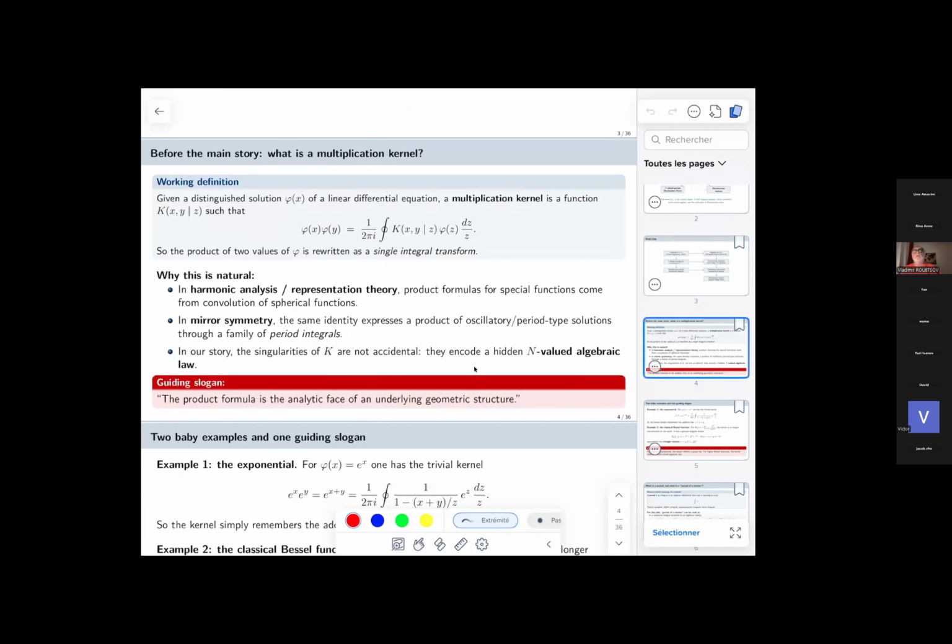So let's start with toy models and definitions. The working definition which I will use in my talk about multiplication kernel is the following. Let's suppose that we have some solution phi of x of a linear differential equation, and taking the product of this solution at two different points, x and y, we suppose that there is an integral representation of this product with some kernel.